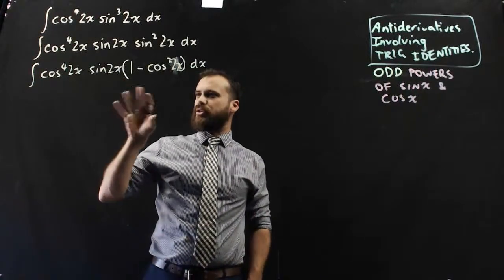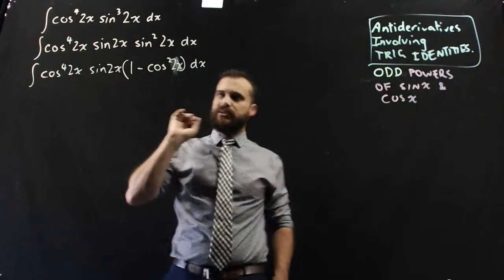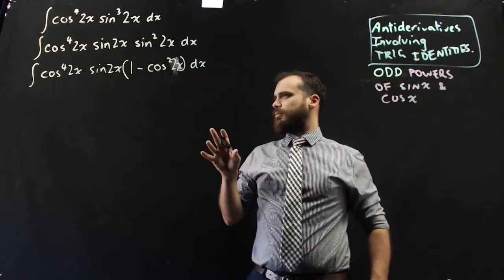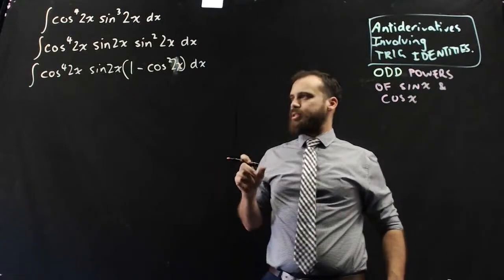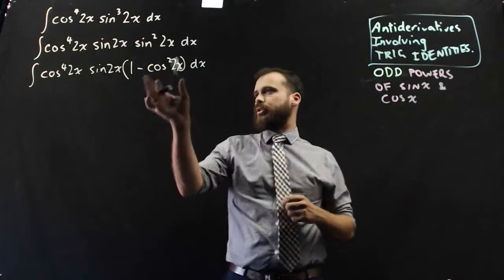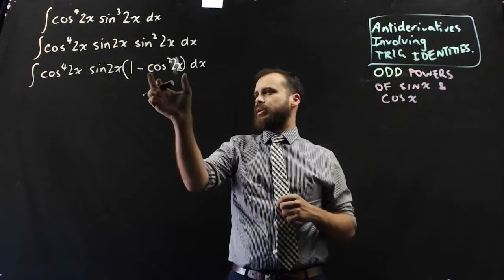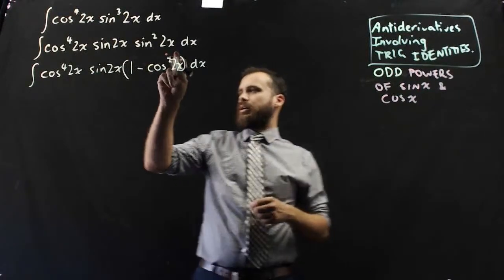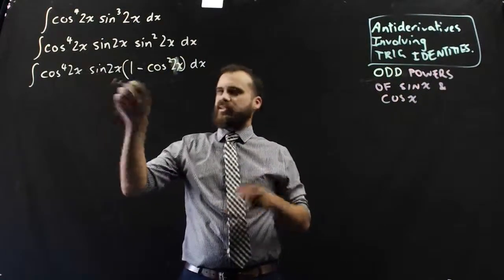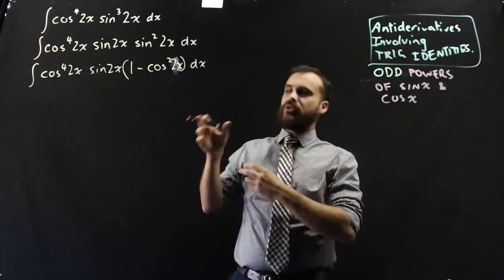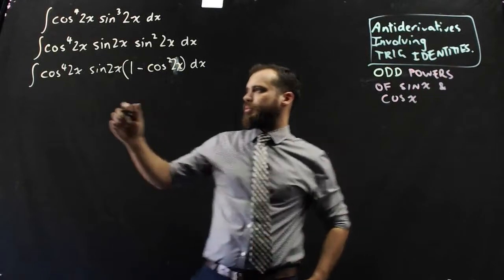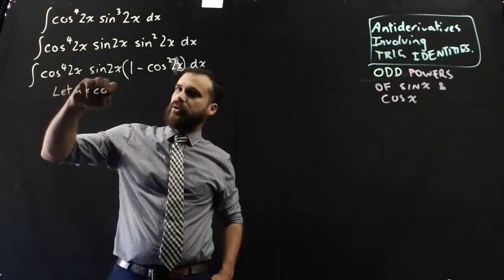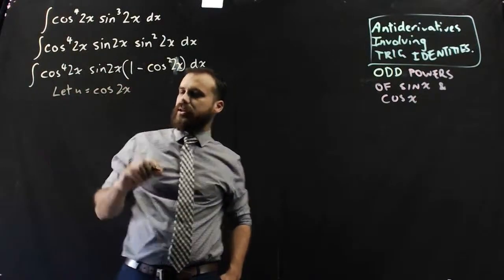I need to let u equal something where the derivative is present here. So we've got a cos squared 2x. If I let cos 2x equal u, that's going to give me u squared, and we've got a derivative. So I'm going to let u equal cos 2x.